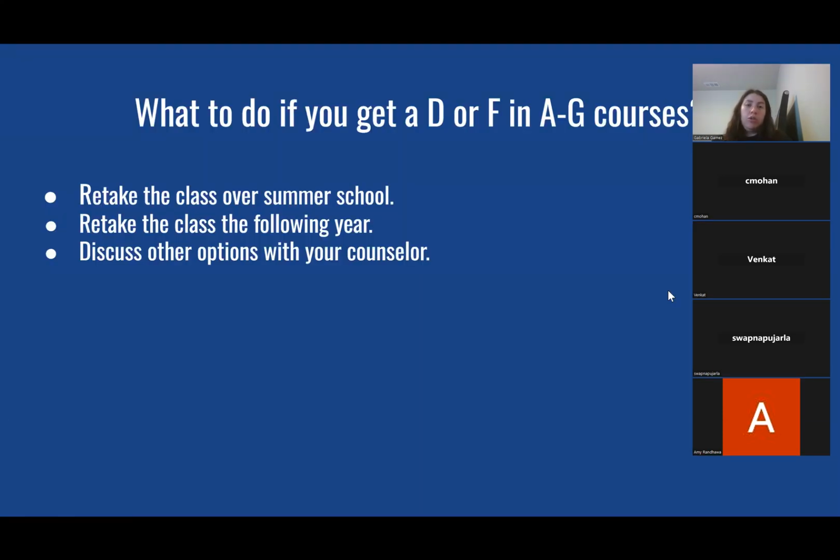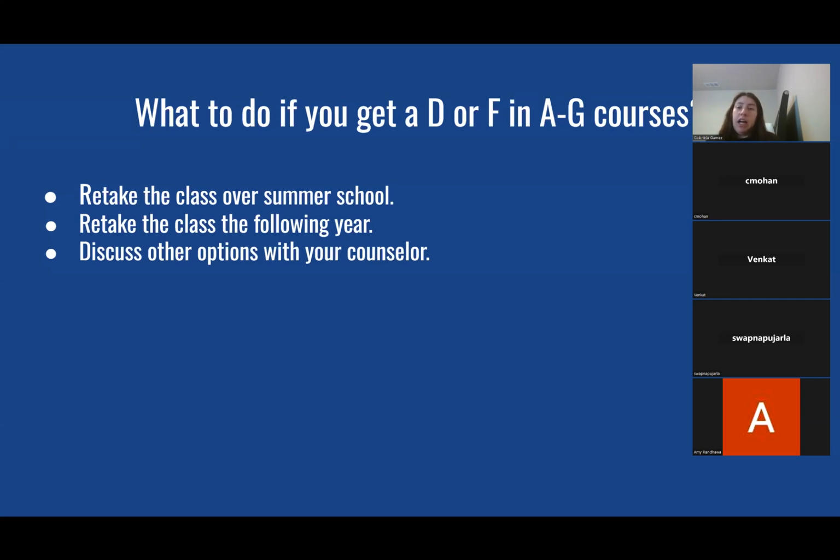So what should you do if you get a D or F in any of the A to G courses? If you're a student watching this and you get a D or F in, say, an English course that you need for the A to G requirement, you can either retake the class over summer school, in which you need to get a C or better.